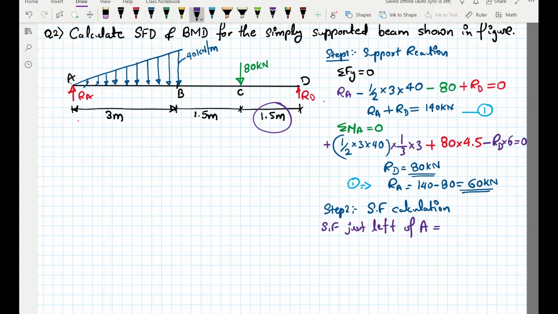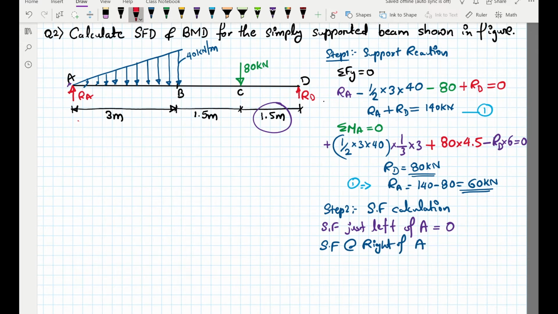Here, the shear force just left of A: if I consider the left of that particular section, there are no forces, so I can take it as 0. After that I am going to consider the shear force at right of A.